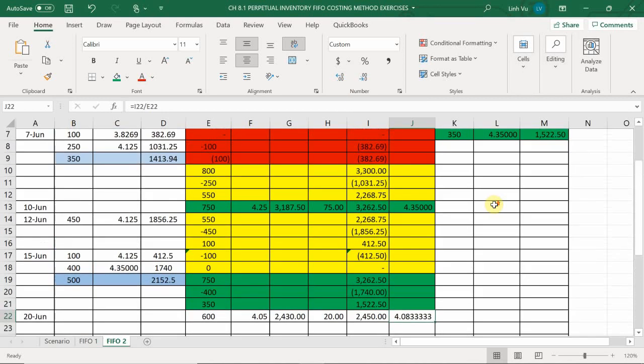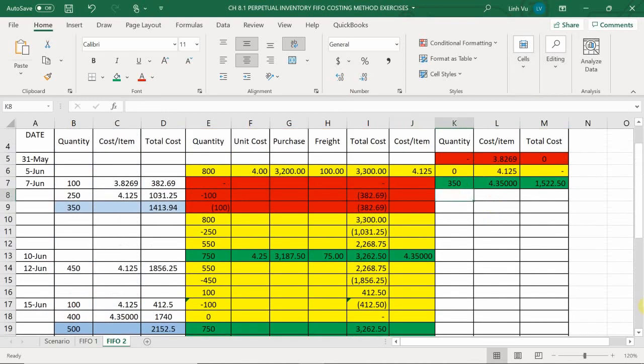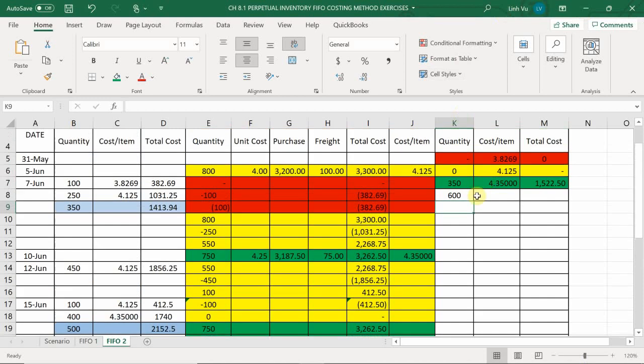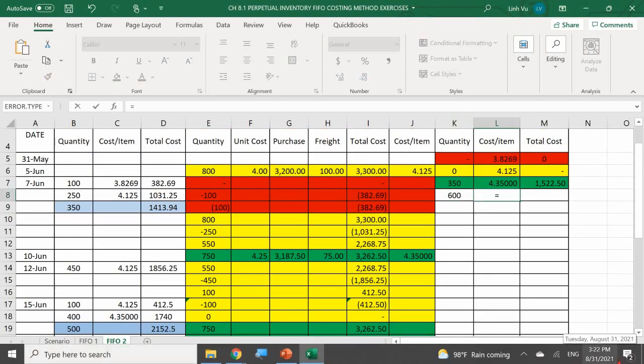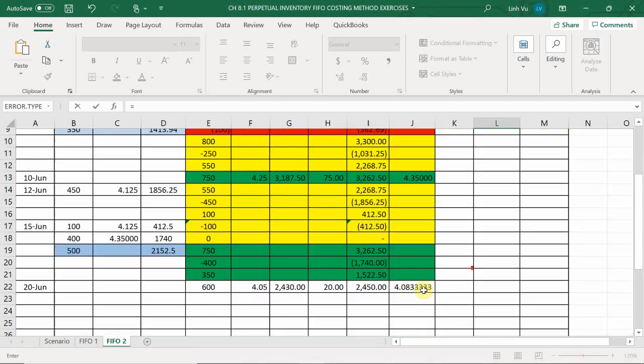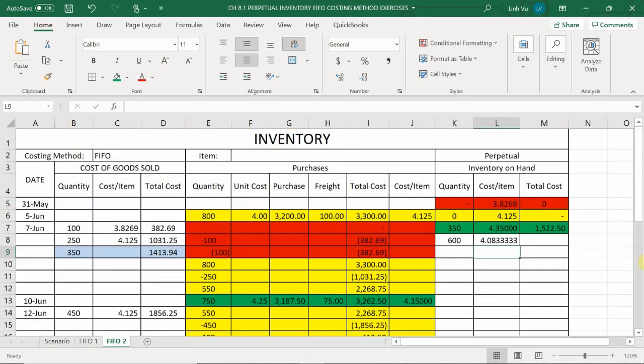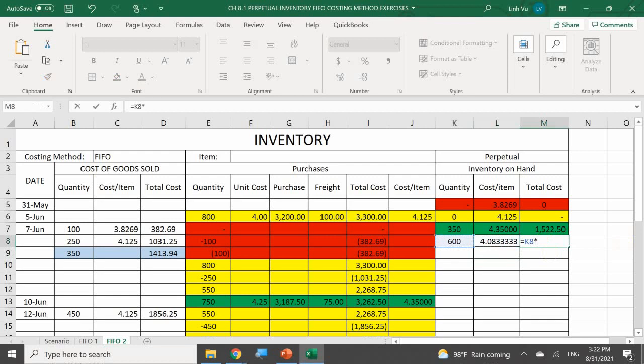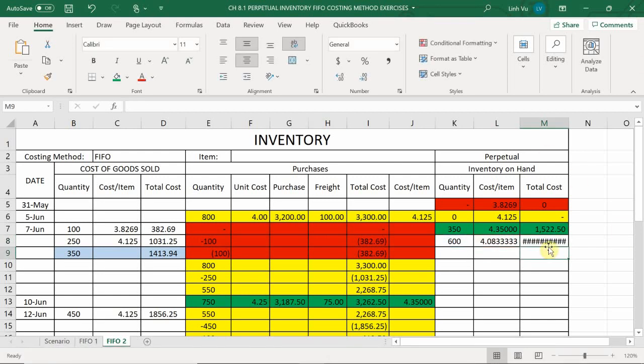Okay. So once again, I'm going to add that into my inventory on hand. So now I have an additional 600 items. Which should give me a total cost of $2,450.